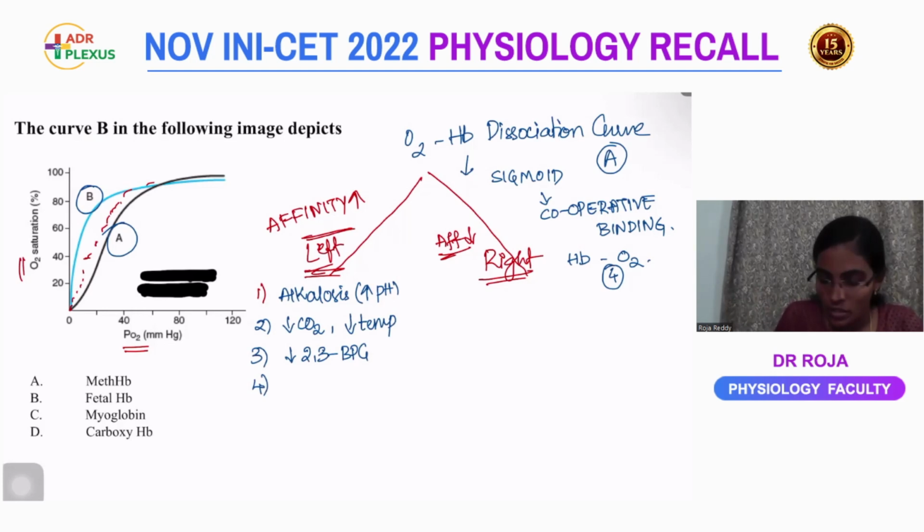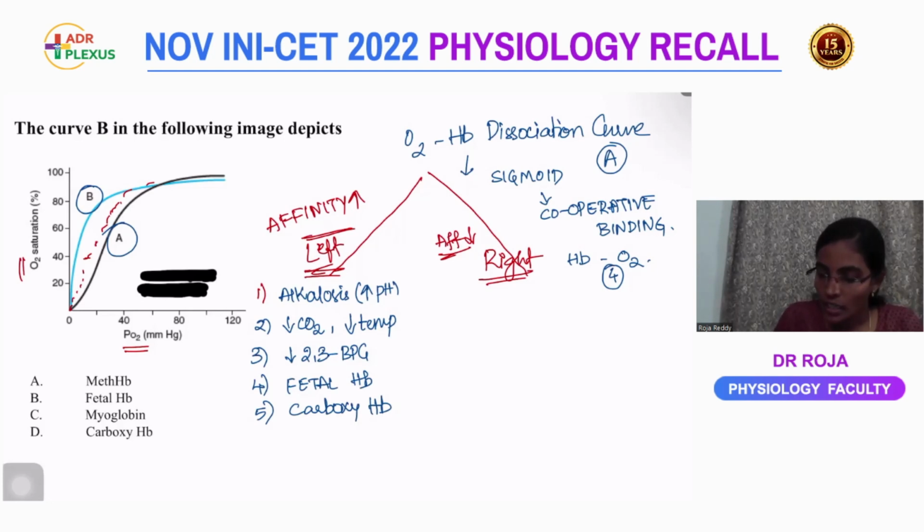Apart from this, there are other reasons like fetal hemoglobin and carboxyhemoglobin, where you can see a left shift of the curve. A shift of this curve to the left because of a decrease in CO2 is nothing but your Haldane effect.